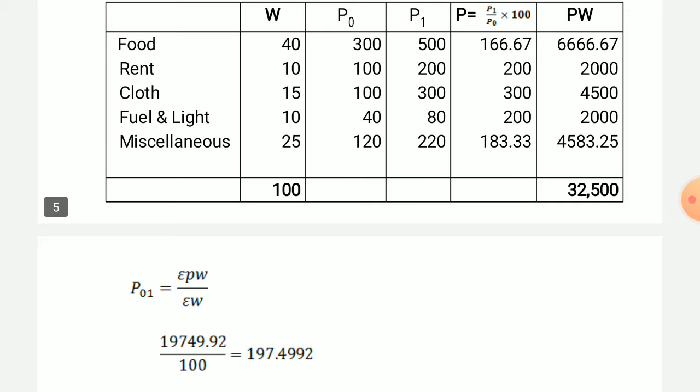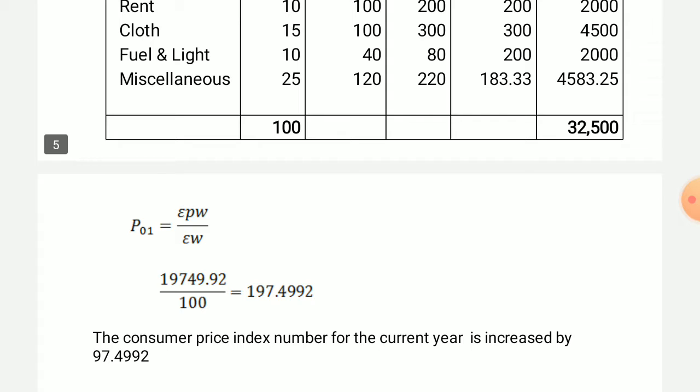So here sigma PW, 6,000, 10,000, 19,000. So here, when we take the value of PW, 19,749.92 divided by 100 is equal to 197.4992.